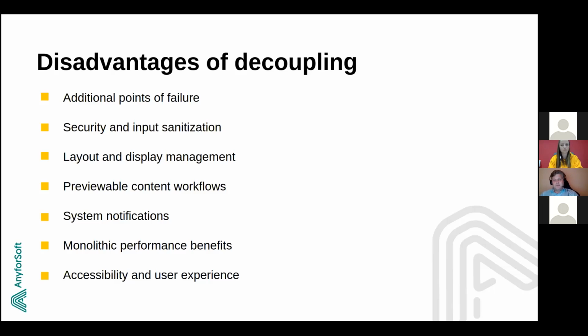With decoupling, it's much more difficult, because by default, when you are using decoupling with, for example, JSON API, all endpoints will provide results only for published content.